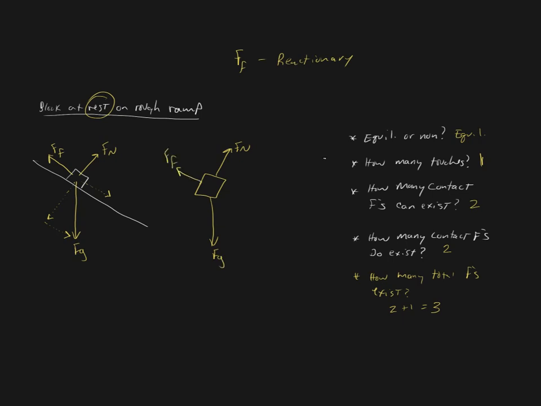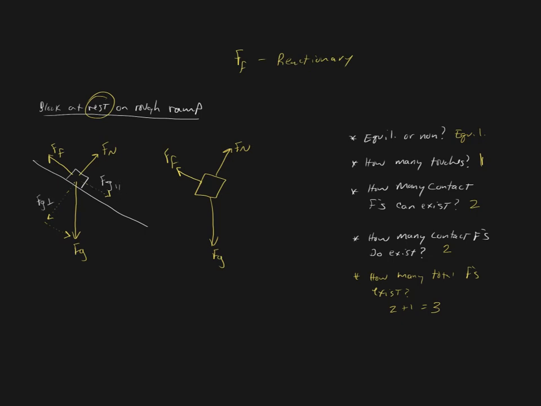Okay, now I want to emphasize something here, and I cannot emphasize this enough, and that is that when you draw a free body diagram, you never include force components on your diagram. So that would be FG parallel and FG perpendicular.